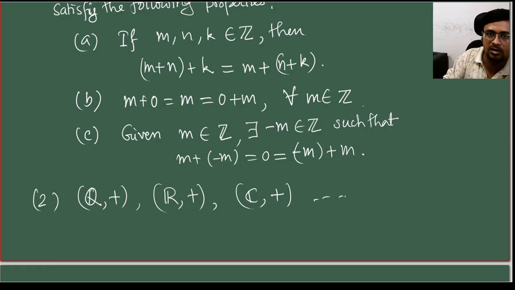All of them have similar properties. The addition is associative, there is a zero element which acts like a neutral element for addition, and every element admits its additive inverse in these examples also. Let's see another non-trivial example.